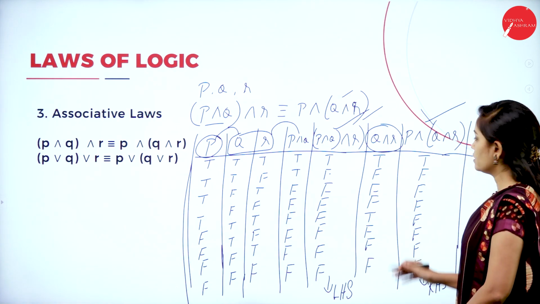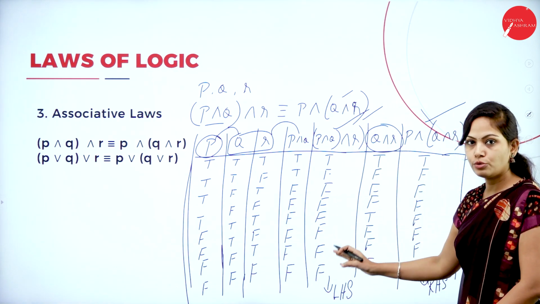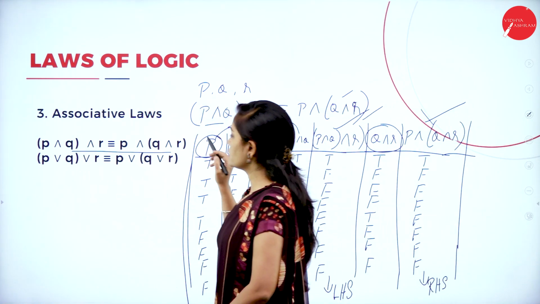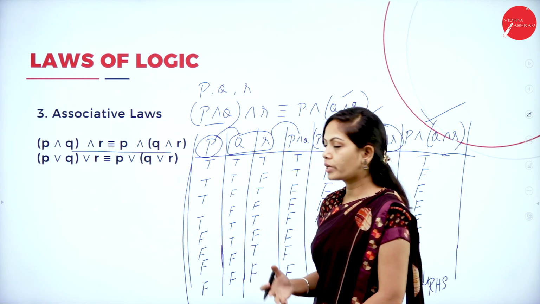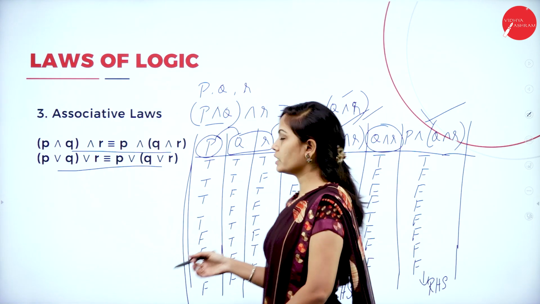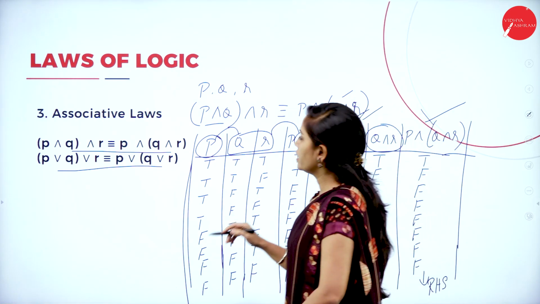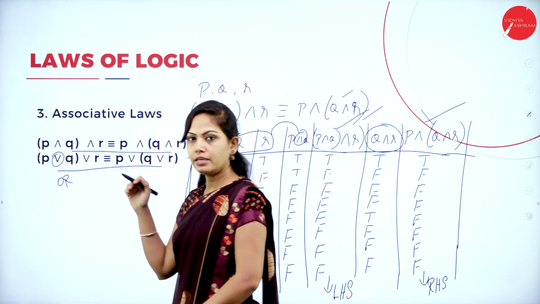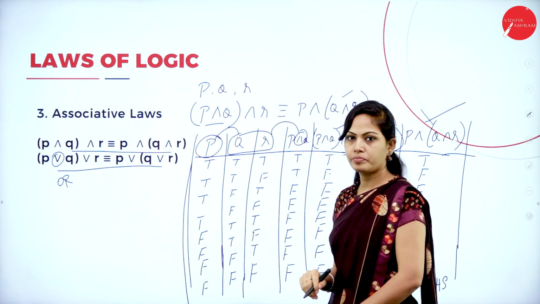Yes, it is equivalent because both truth values are the same. So this is your first associative law. You can find this for the second law also. Instead of the AND operation, you use the OR operation in the second associative law.